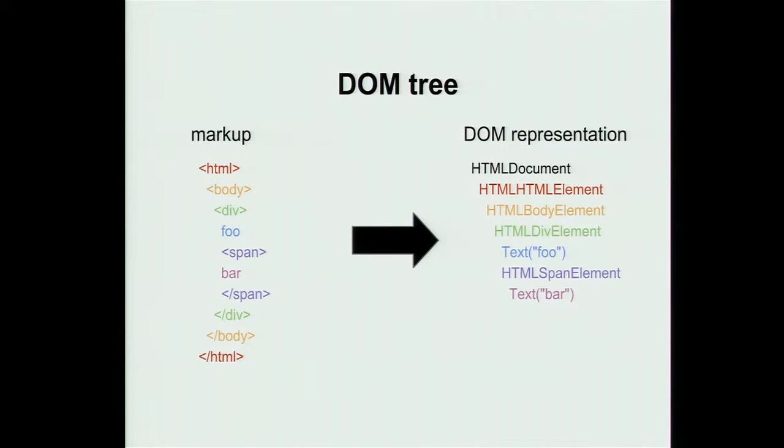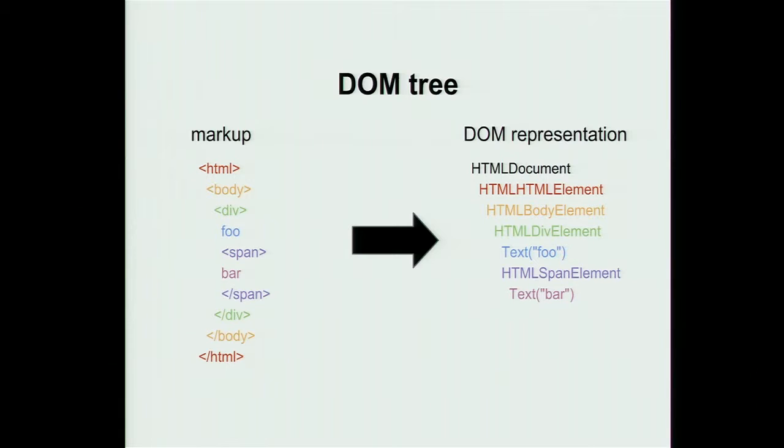So here's an example of what you'll get from some sample markup. You'll see that the things on the right are actually the WebKit class names for that sort of markup. So there's always an HTML document, so we're not talking about exactly a one-to-one relation here.